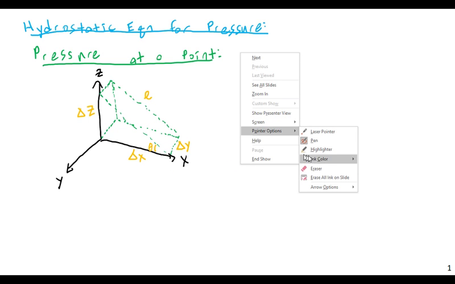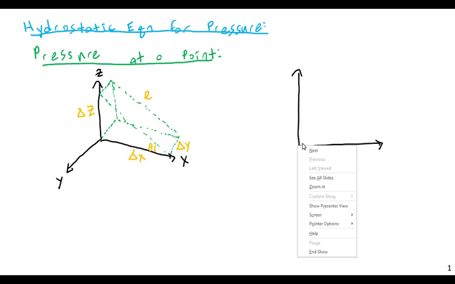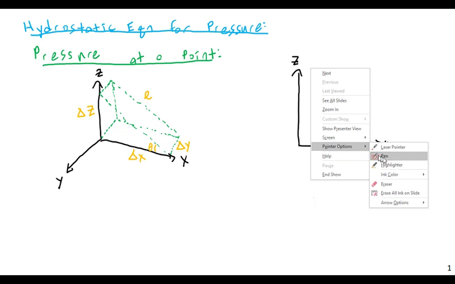Now let me look at this from the side, or sort of an elevation view. I'm still going to have my x and my z. And I'm going to consider this a body.